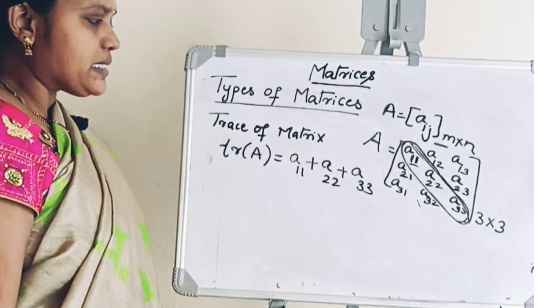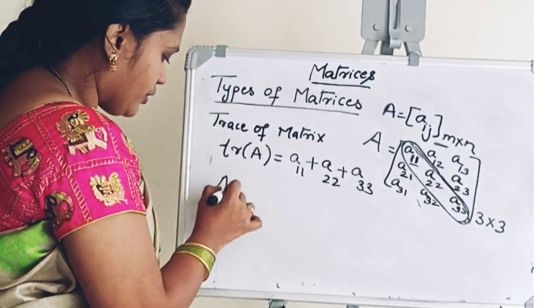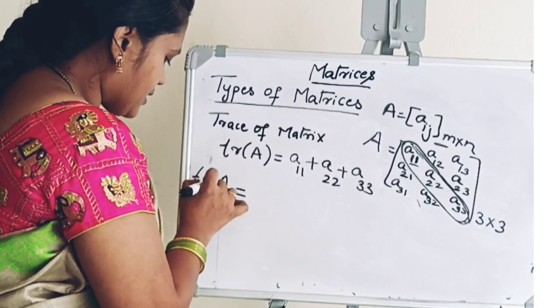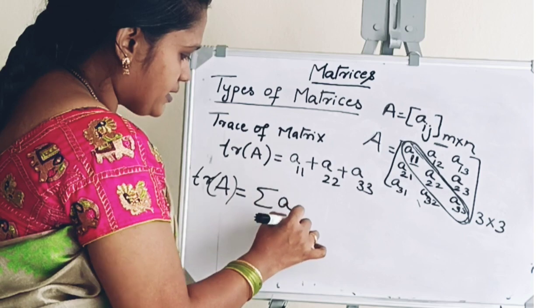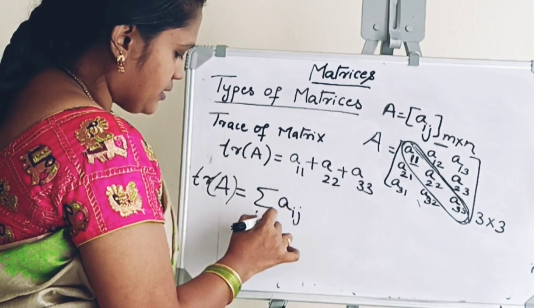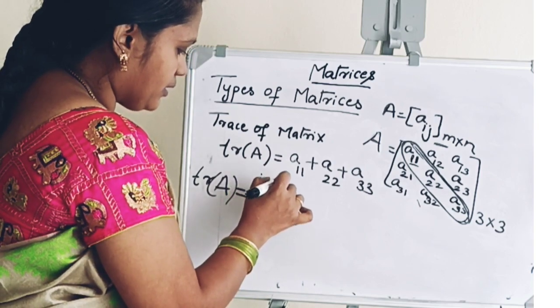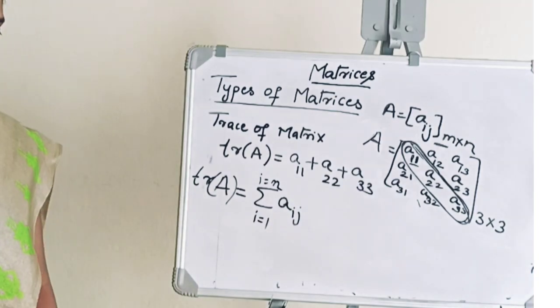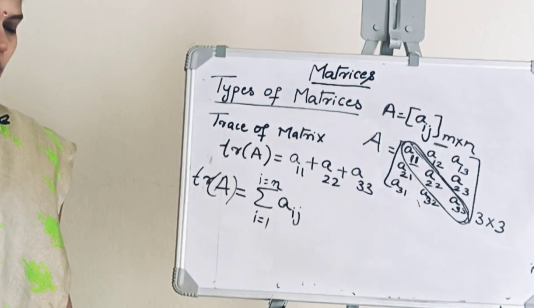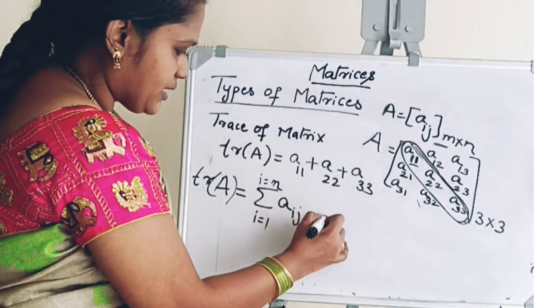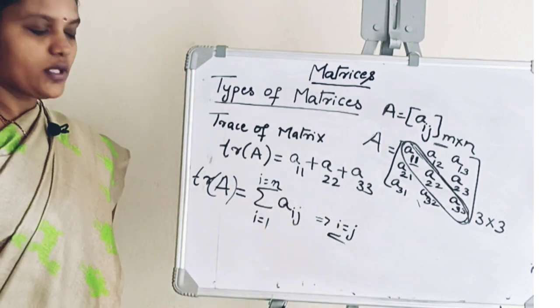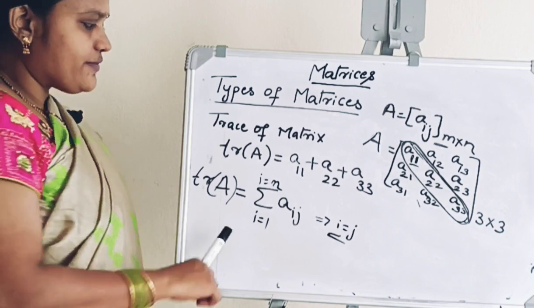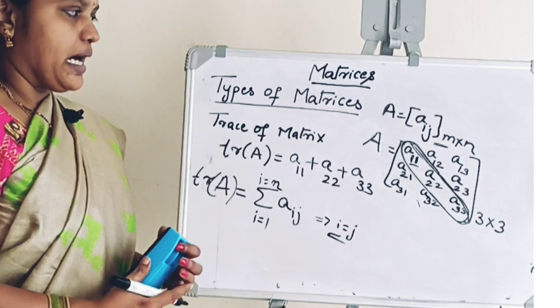In general we can represent it as the sum of Aij where i is equal to 1 up to n, because again we can see that i is equal to j. Understood? So this we call the trace of a matrix.